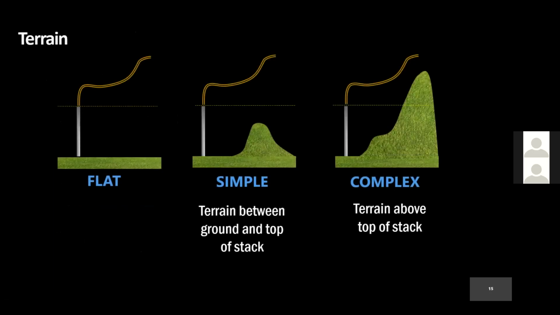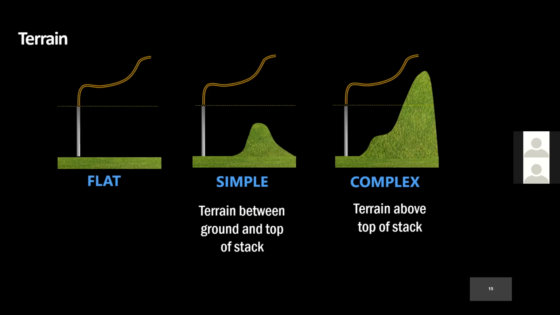So in addition to the MET selections, the next thing we have to pick is the terrain type. So we have to look at our site and the area around our site and decide which category the terrain falls into. Is it essentially flat? Is there simple terrain?